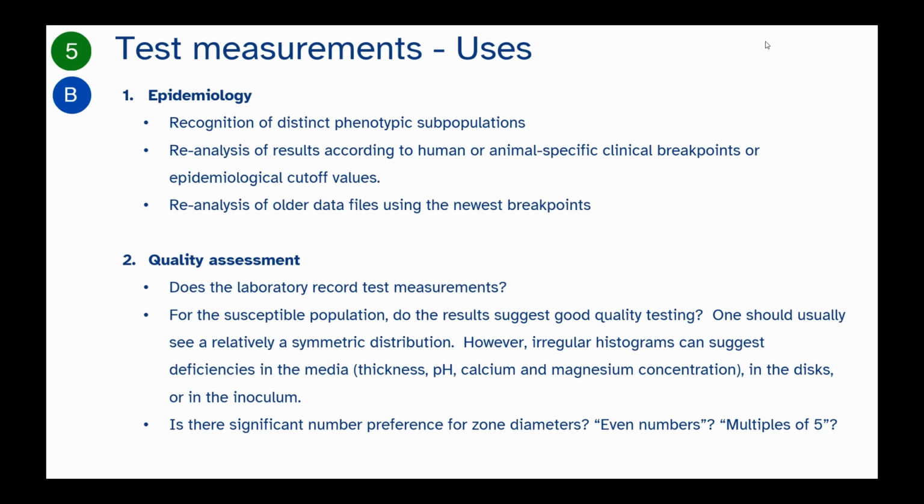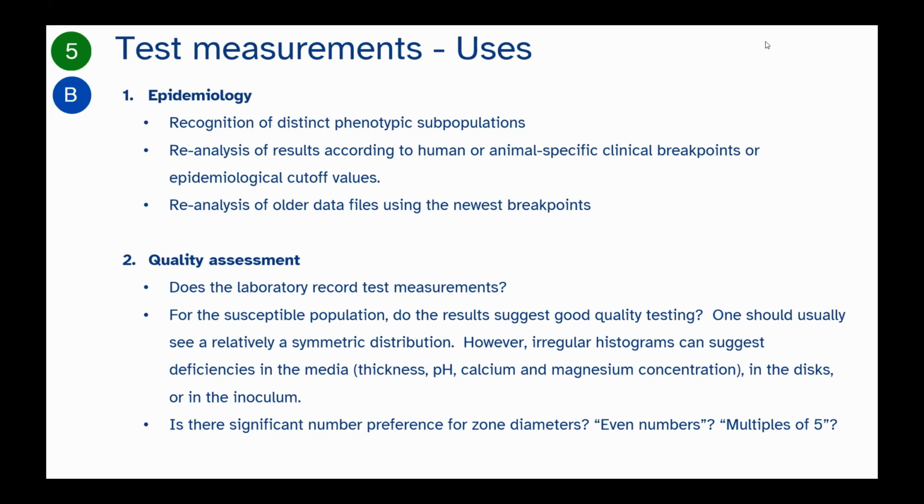Using these measurements, we can also reanalyze the data using human or animal clinical breakpoints or epidemiological cutoff values. So we have a lot of flexibility at the time of analysis. We can also reanalyze older data using the newer breakpoints.